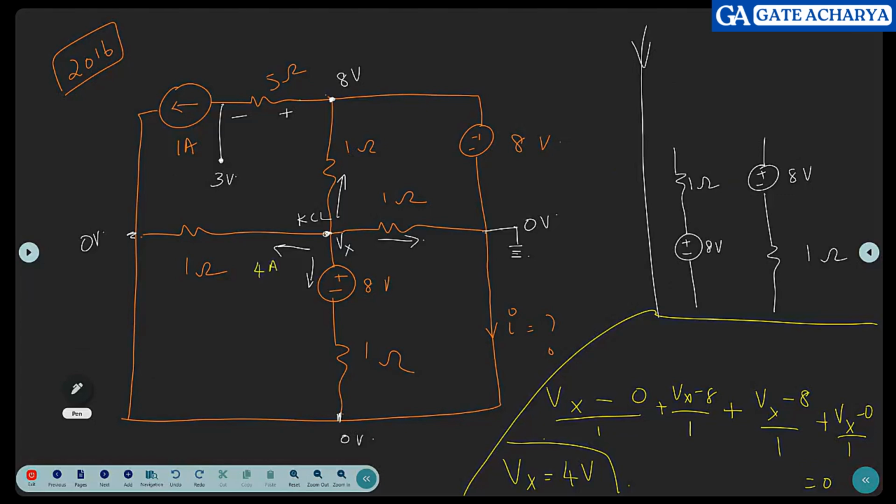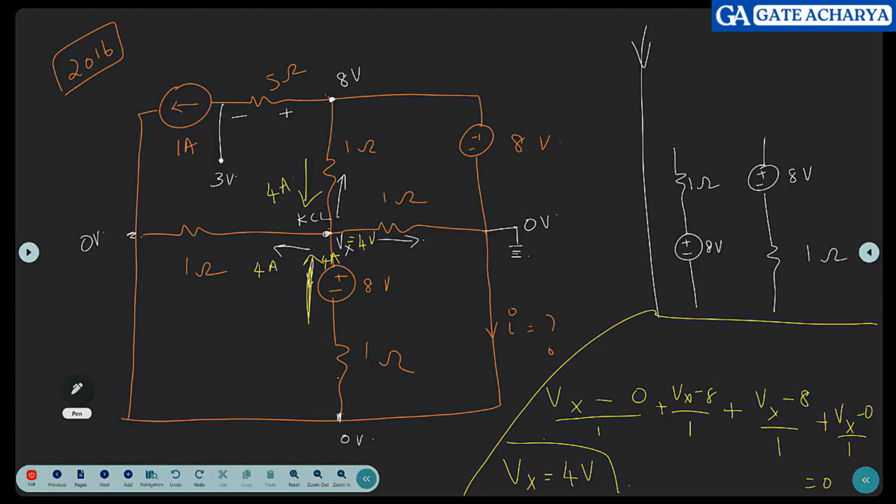Here, 4 volt minus 8 volts. This is 4, this is 8. So I think the current will be in this direction. How much will it be? 4 amps, but the direction will be like this. And how about here? 4 amps in this direction.